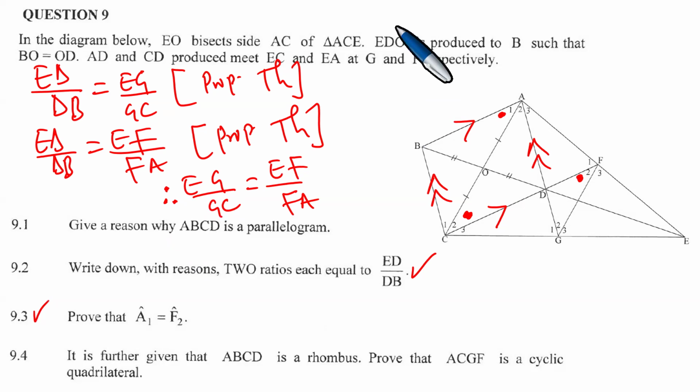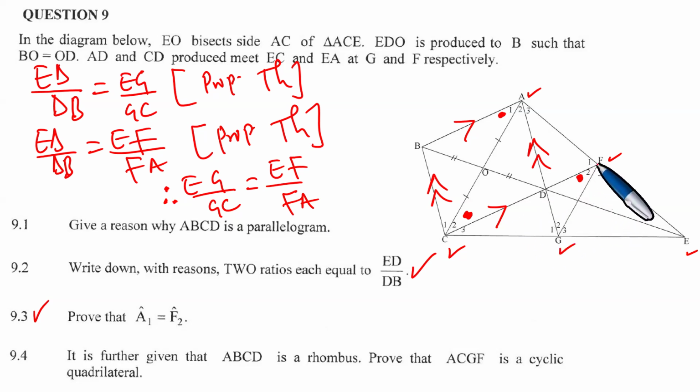What do we continue to do? This conclusion that EG over GC is equal to EF over FA, what is the meaning of this?